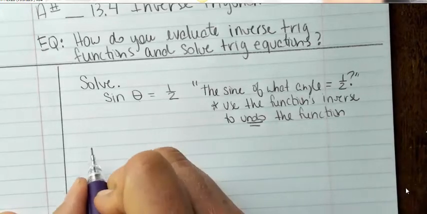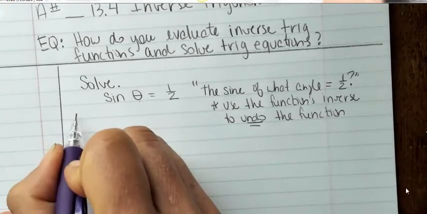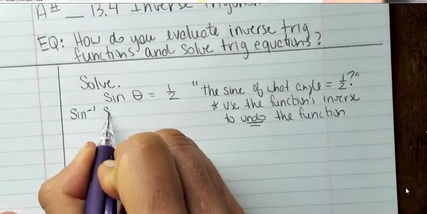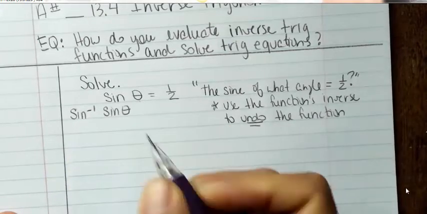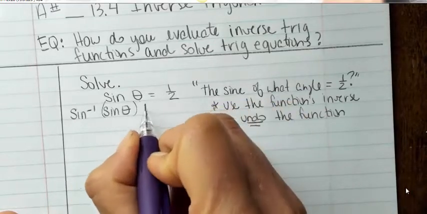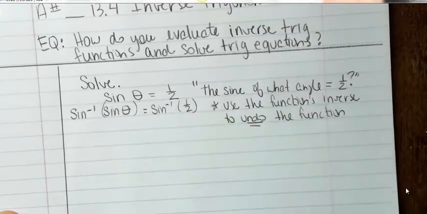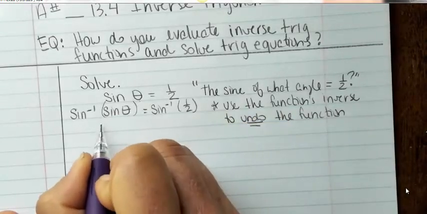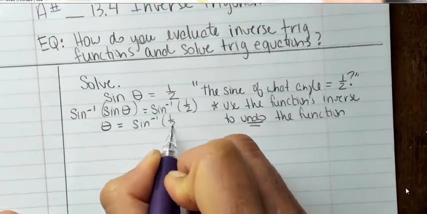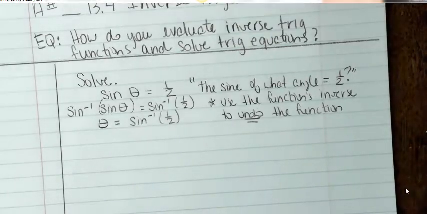In order to do this, I do the inverse on both sides. I'm going to do sine inverse of sine of theta, and these two now undo each other. I'm just left with theta equals sine inverse of 1/2. Of course, one way to do this is to get on your calculator.